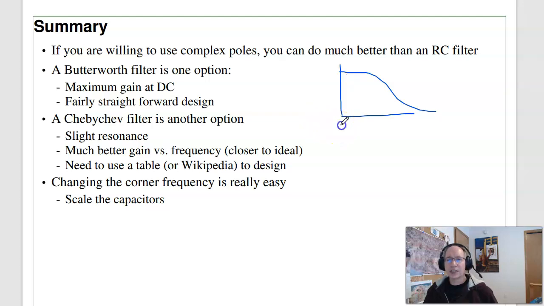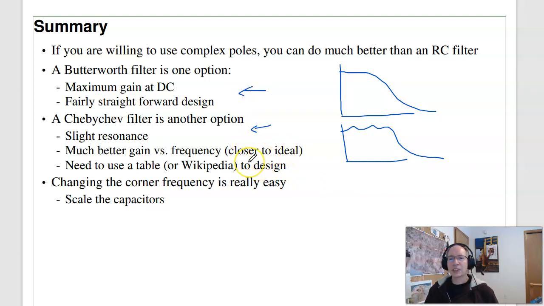A Chebyshev filter is another option. It has a slight resonance, a little bit of ripple, and the gain is flatter out to the corner. And an elliptic filter is even better yet, but you need to use something that has zeros as well as poles.